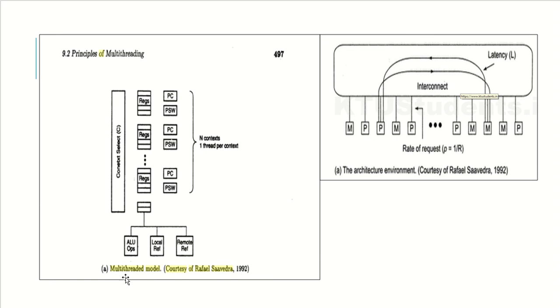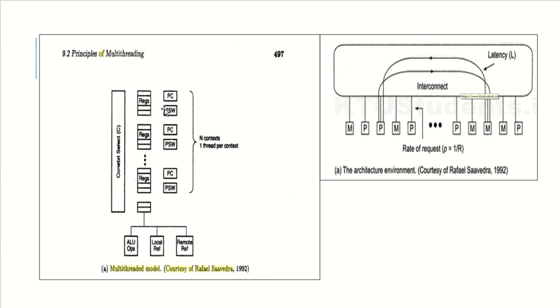This is the multi-threaded model which was proposed by Rafael Saavedra in 1992. This was the first architecture proposed for a multi-threaded processor. You can see there is something called a context select. What is its job? Definitely it will be to select one from the available contexts. You have many registers, like register windows available, and there are some contexts available.